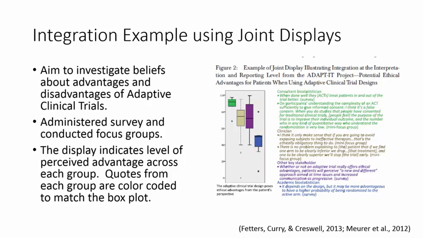Then on the right-hand side, color-coded to align with the box plots, they have statements pulled from interviews with those different groups. So it's one way we can display both the quantitative data and the qualitative results within the same table. So let's look at one more example.